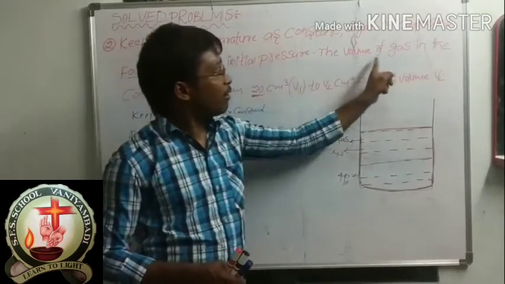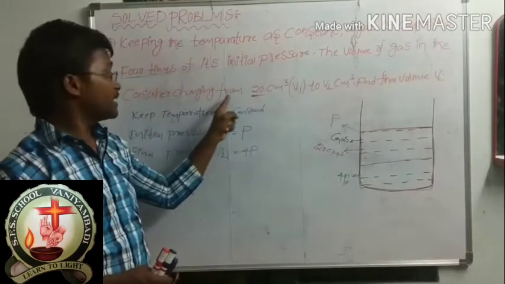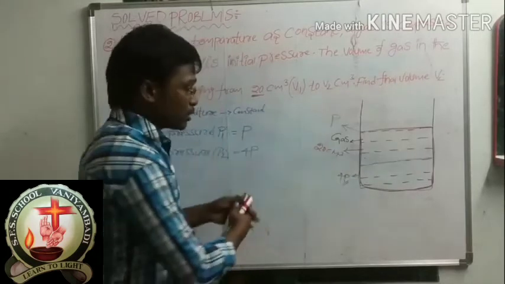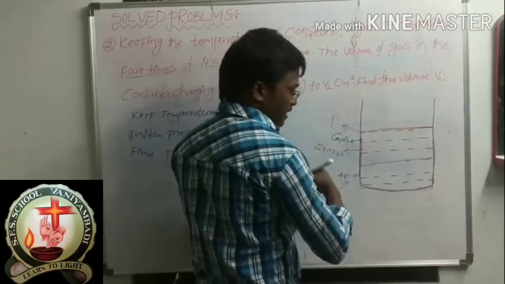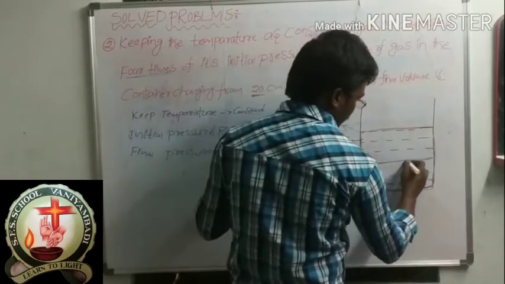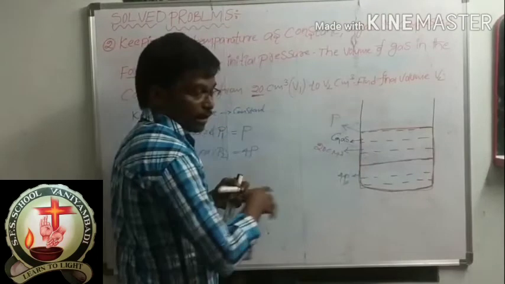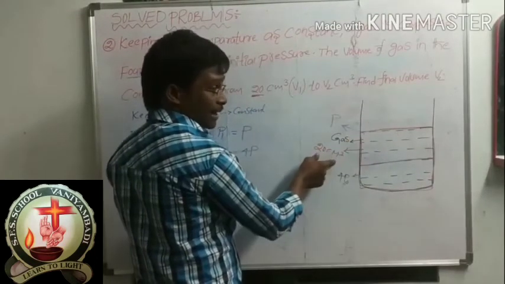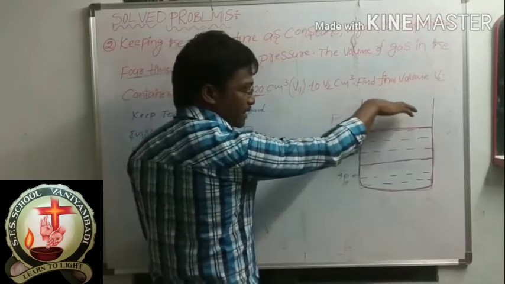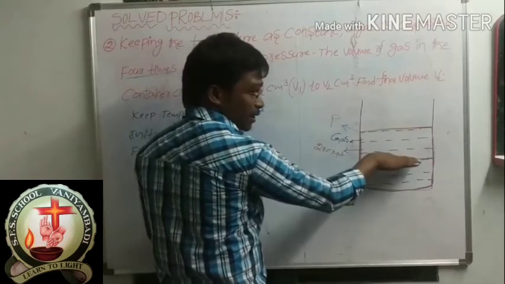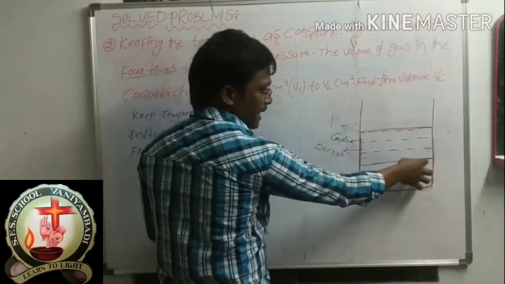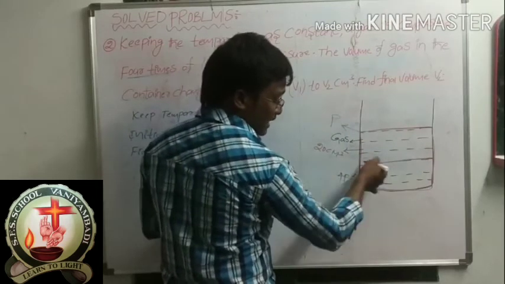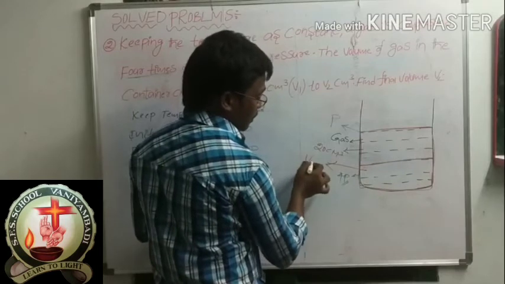The volume of the gas in the container is changing from 20 to V2. Suppose the gas level is initially here. What is the volume at that time? 20. Whenever you compress, the gas level is reduced, so the gas is reached at this position. At this condition, what is the volume? He is asking.